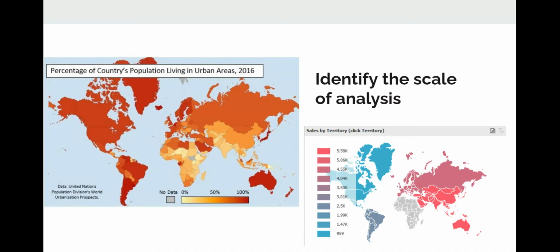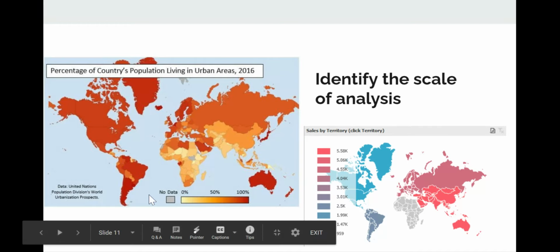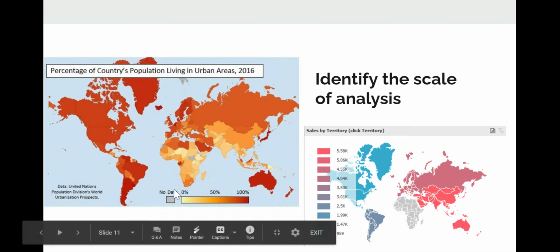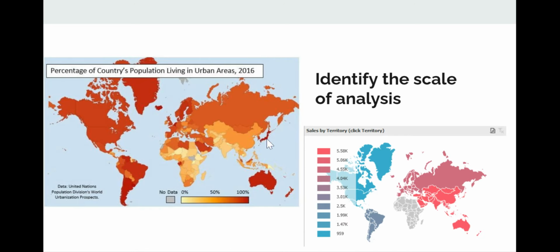So looking at this map, percentage of countries' population living in urban areas. We have differences in the data occurring at the national level, right? So every country has its own data sort of synthesized, and then it spits out a color. And then on the map, you can see which color a country is, right? So Japan is a highly urbanized country where we see it is close to 100%.